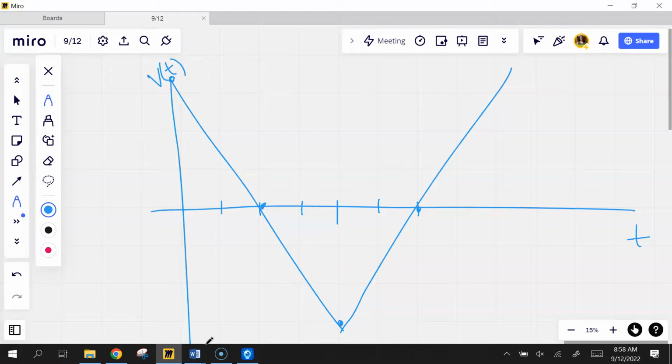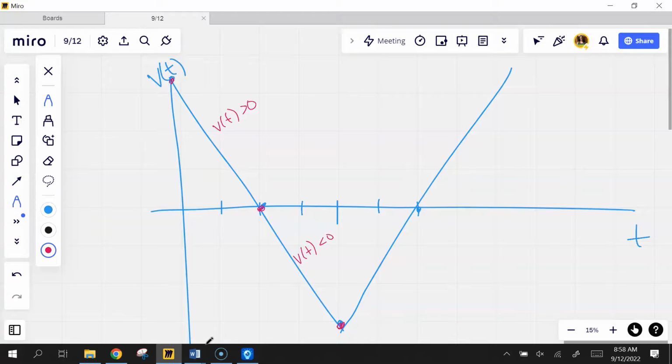Let's do this first. Where does velocity change signs? 2, right? So from here to here, velocity is positive. Agree or disagree? And then from here to here, velocity is negative.